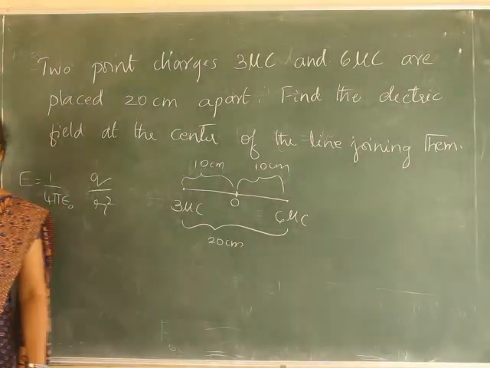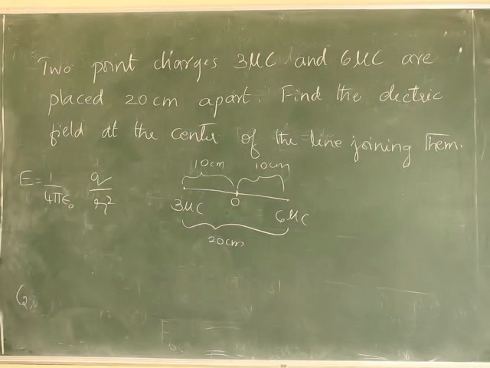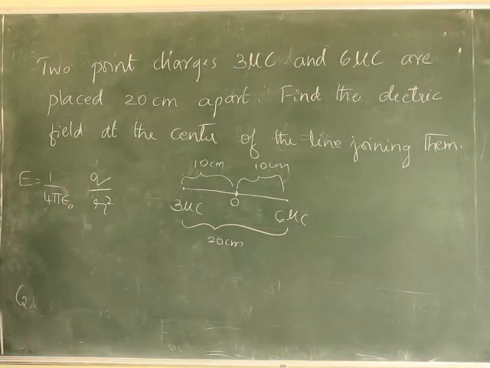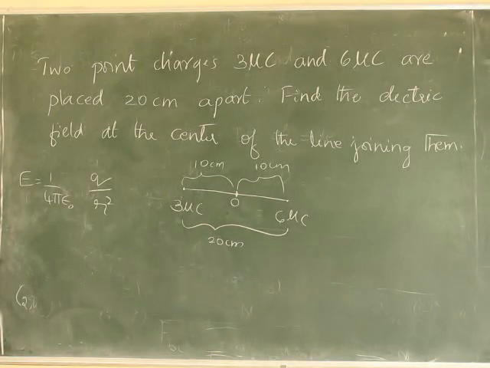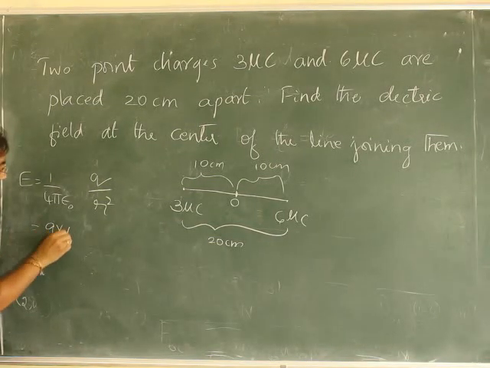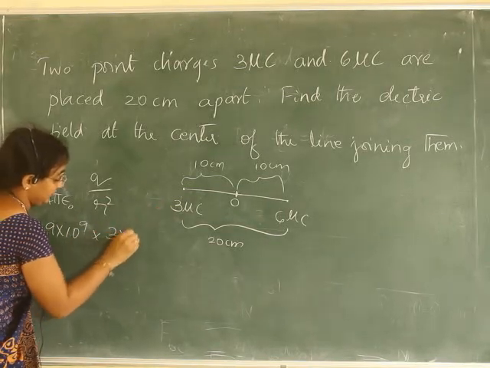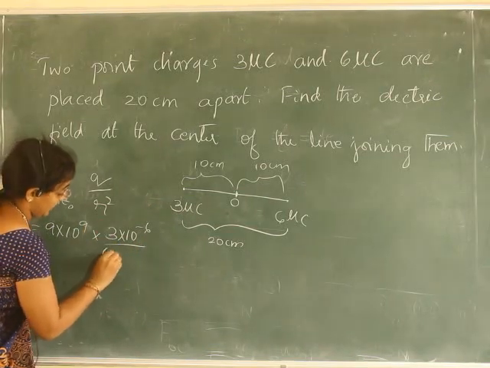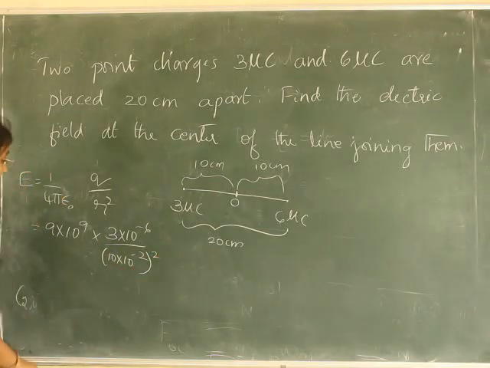Can we solve this problem? That is 9 into 10 to the power 9 into 3 into 10 to the power minus 6 divided by 10 into 10 to the power minus 2 the whole square.